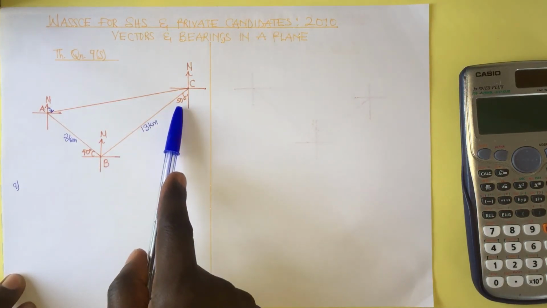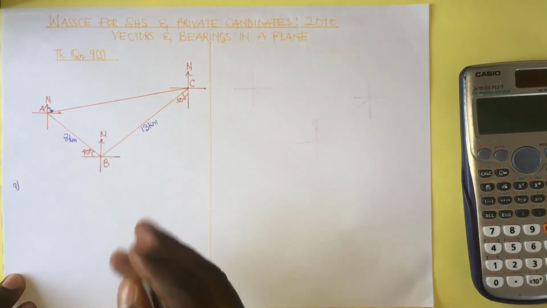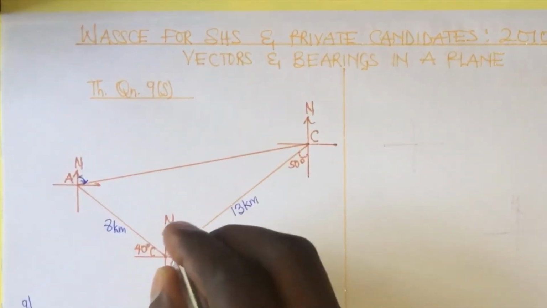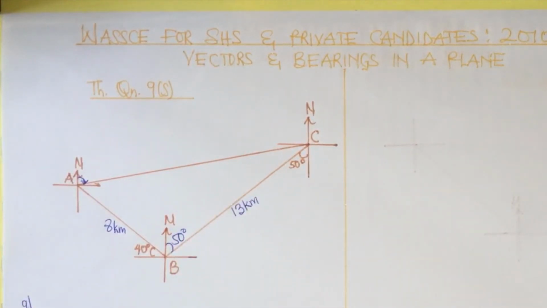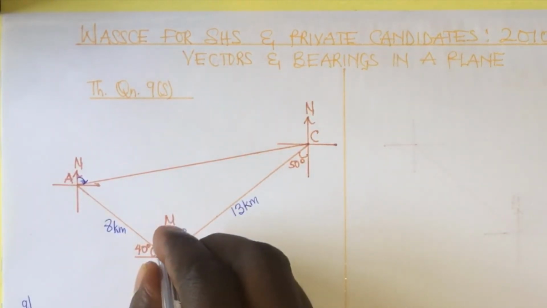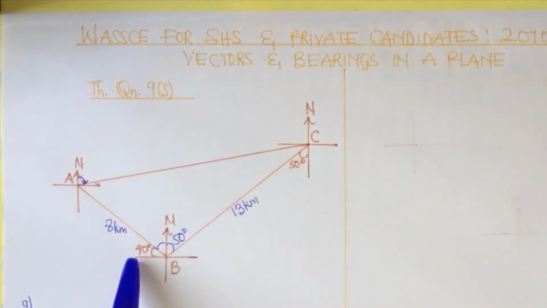If this angle here is 50 degrees, this angle here is alternate to the angle over here, and that one is also 50 degrees. And if this angle here is 40 degrees, this angle is 50 degrees, because the 50 plus 40 will give you 90 degrees, and it is a right angle.